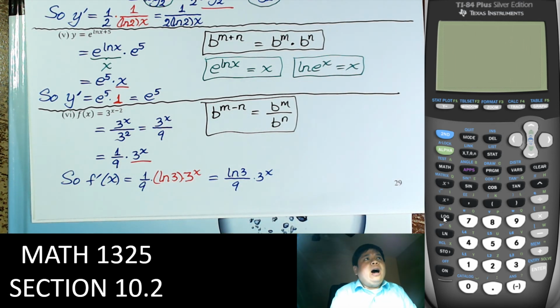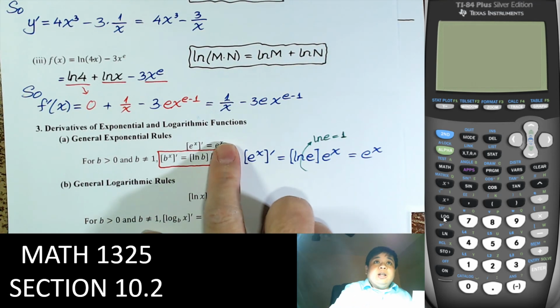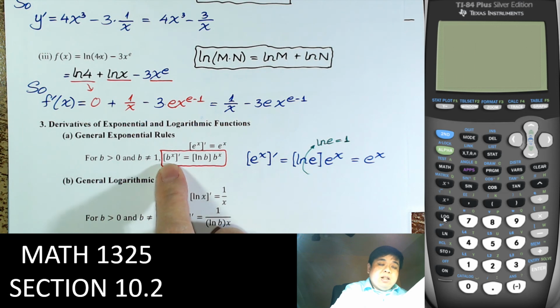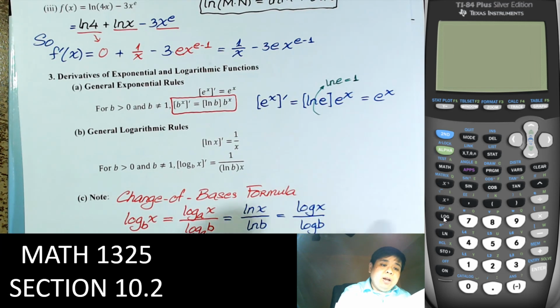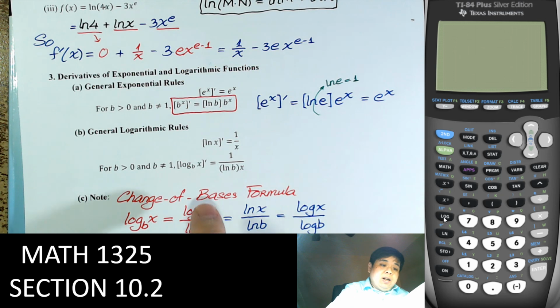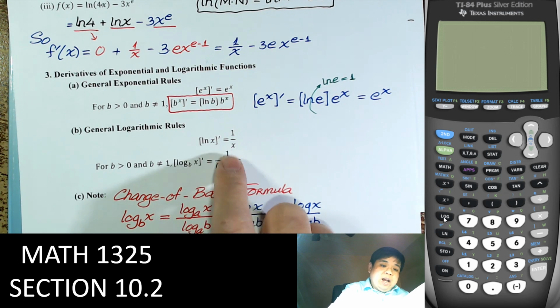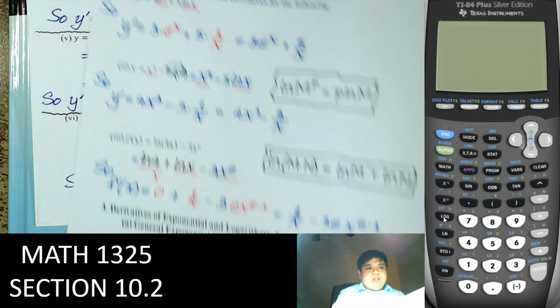So as far as the rules for the derivative of the log and exponential, it is very straightforward. The derivative of e to the x is e to the x itself. The derivative of another base to the x is ln of that base times the same term as the original one. The derivative of ln of x is 1 over x. If we have another base, then we have to multiply by ln of that base at the bottom. The rule is simple.